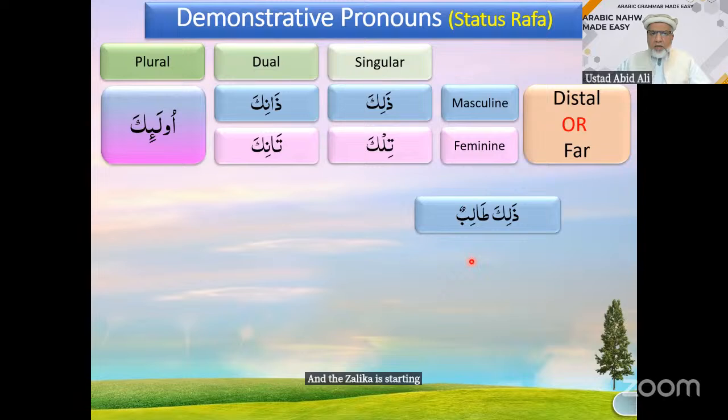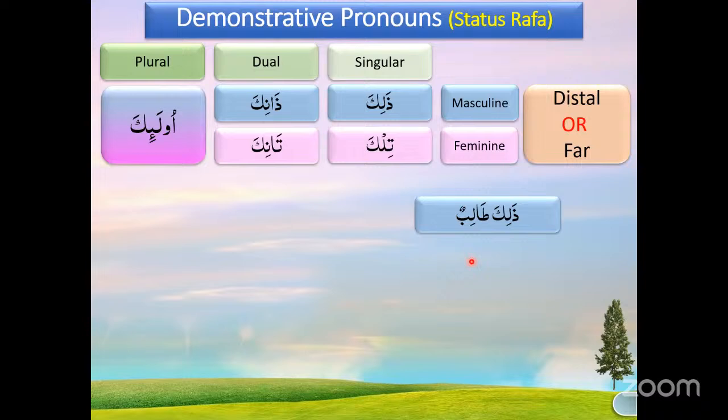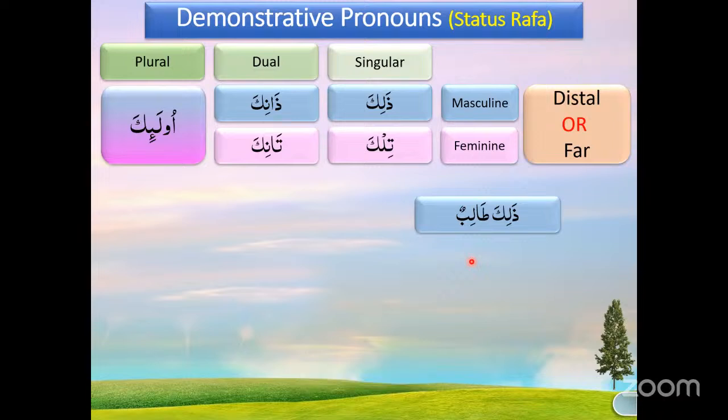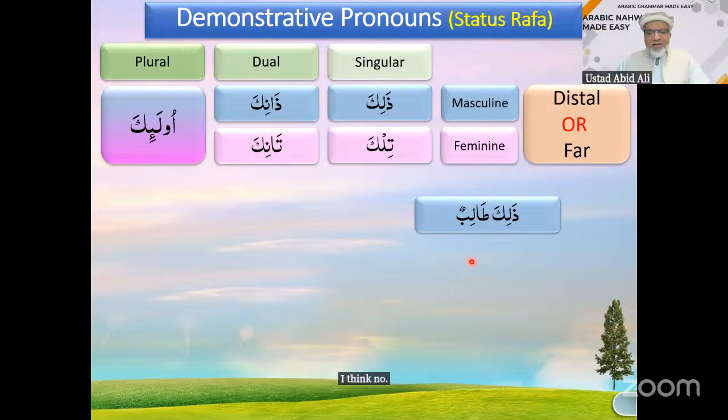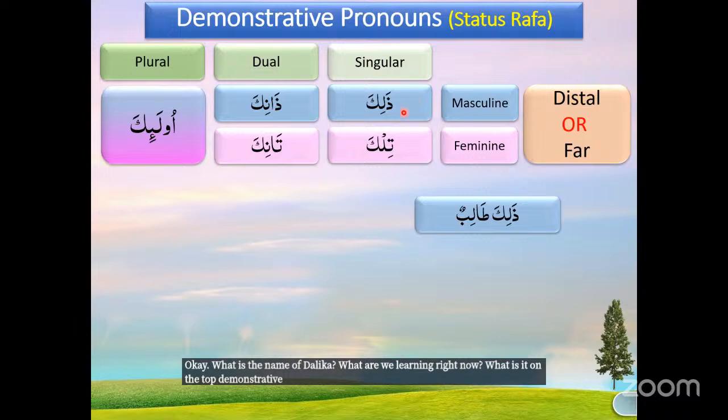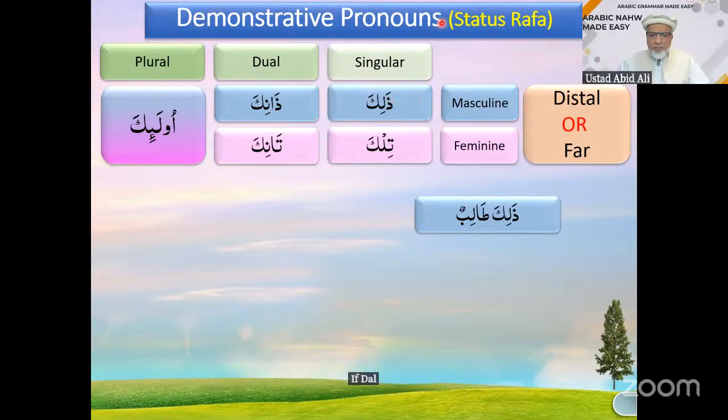Is dalika a noun? I think no. What is the name of dalika? What are we learning right now? Demonstrative pronoun. Is dalika a demonstrative pronoun?